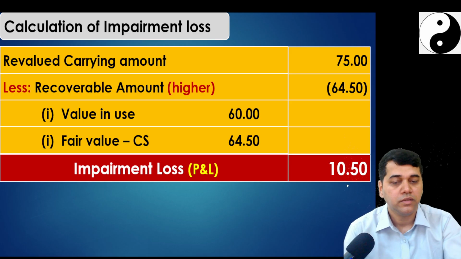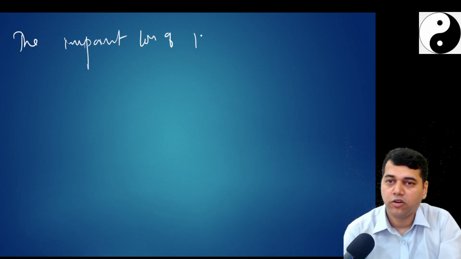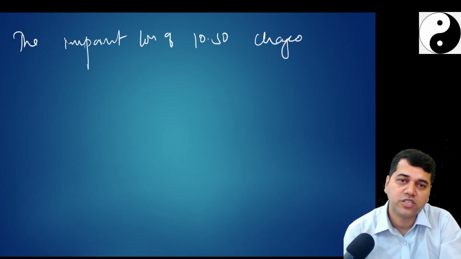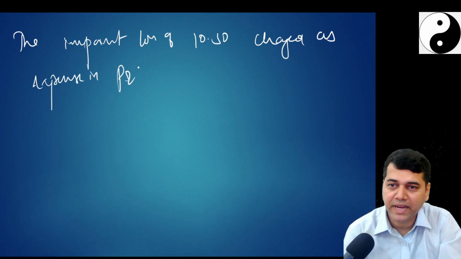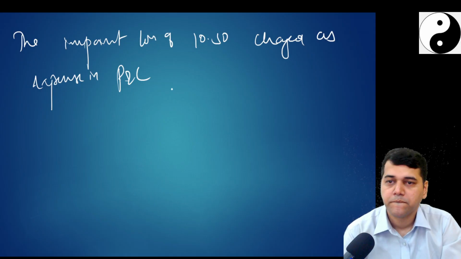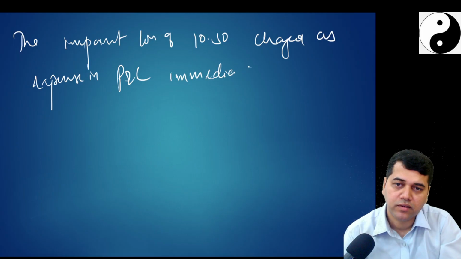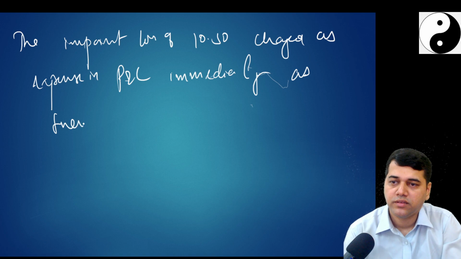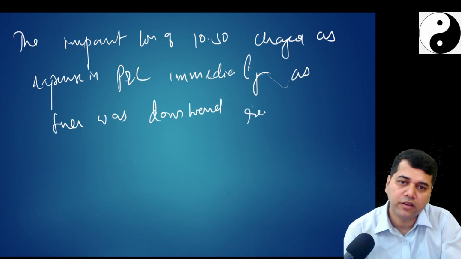Okay, are you clear? Now write: since the impairment loss of 10.5 is charged as expense in P&L immediately, as there was downward revaluation.